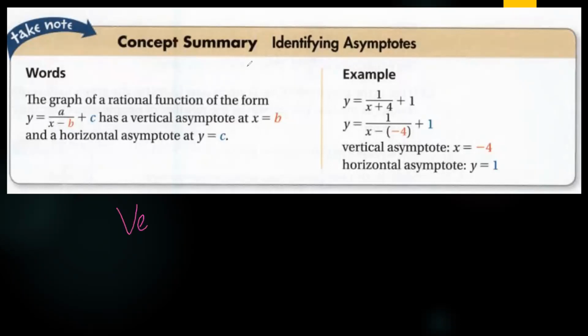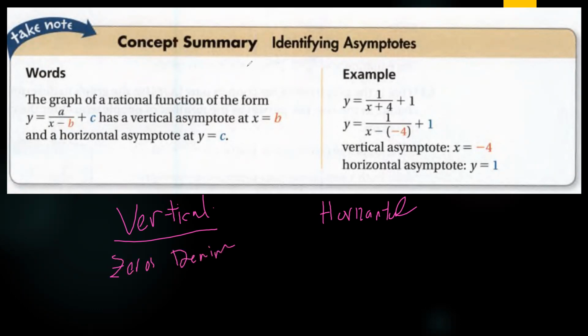To find the vertical and the horizontal: to find the vertical, you have to see the zeros of the denominator, or in other words, look at a over x minus b.